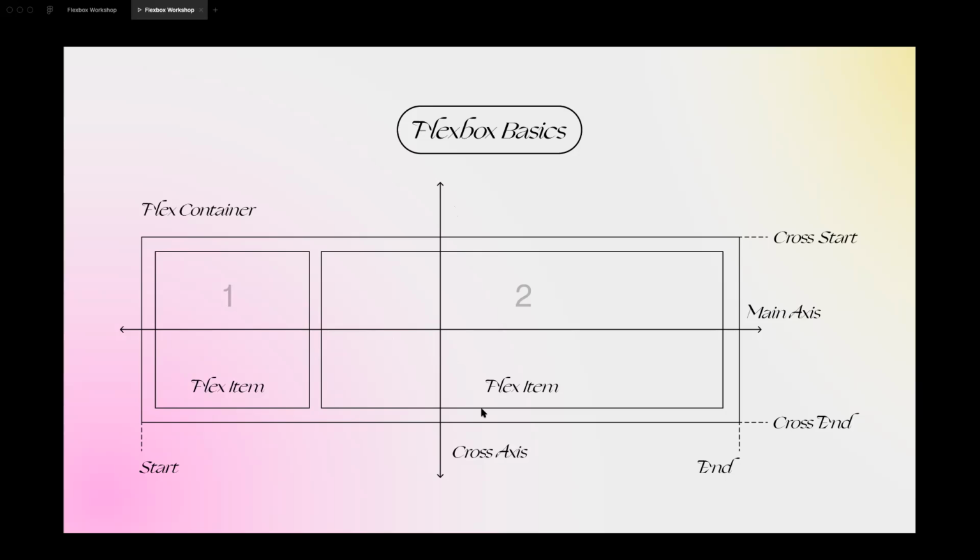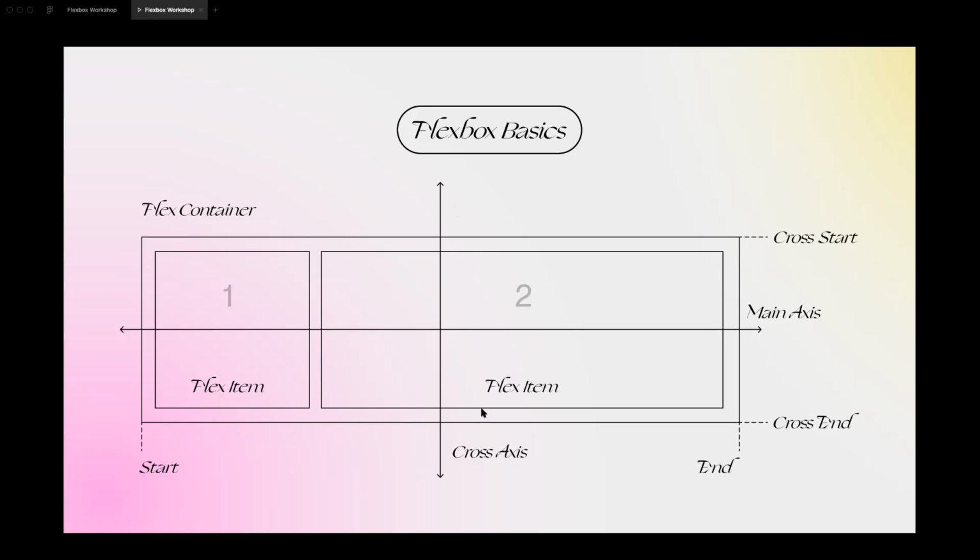Along with the axes, we also have the start and end. So we have the main start and main end, as well as the cross start and cross end. The main start is the left, or the first where the elements would start on your main axis, and the end is where they end on the main axis.